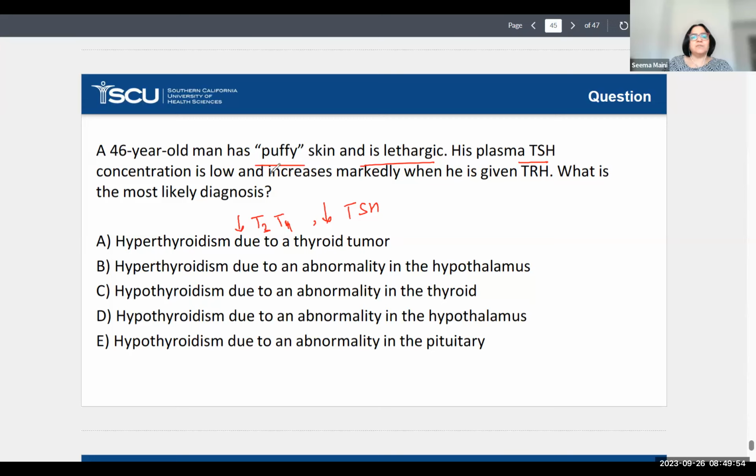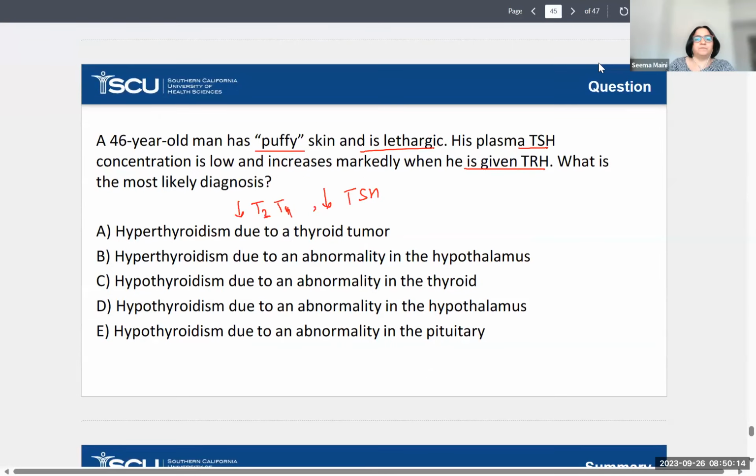His plasma TSH concentration is low and increases markedly when he is given TRH. What is your diagnosis? Now think about the diagnosis, guys. Take a minute and tell your choices, and after that we'll take a break because I think this is the last page here. Yes.